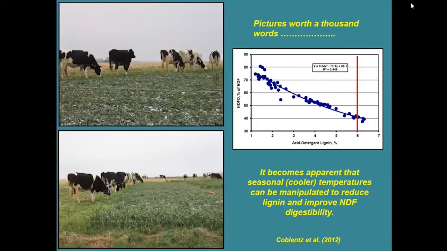They say a picture is worth 1,000 words. And just to illustrate the low concentration of lignin in these forages, one thing that sometimes happens in Wisconsin, in central Wisconsin particularly, is that you get a fairly significant wet, heavy snowfall in late October. And we were running a grazing trial at the time this picture was taken.